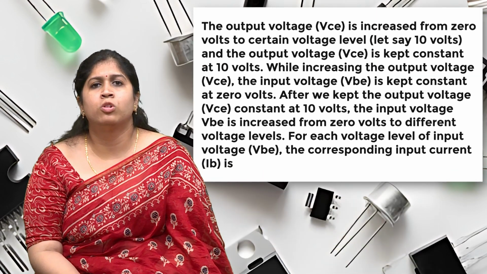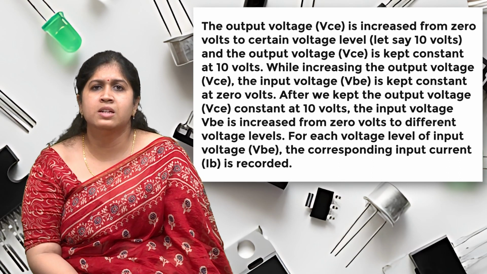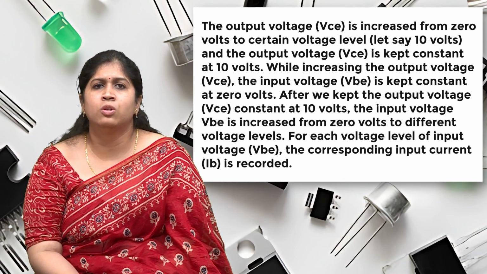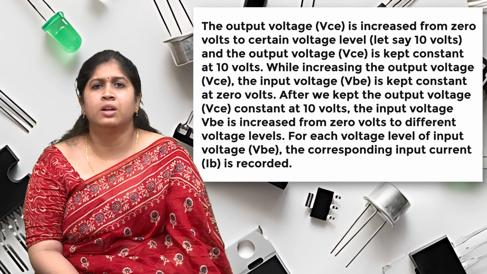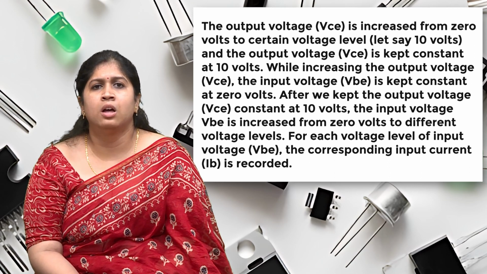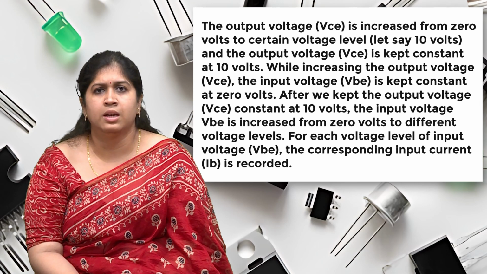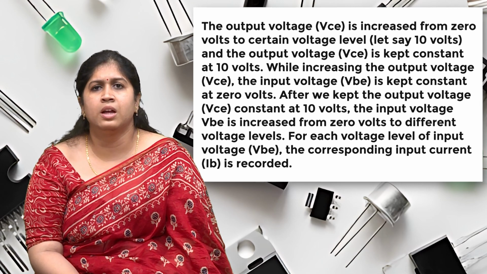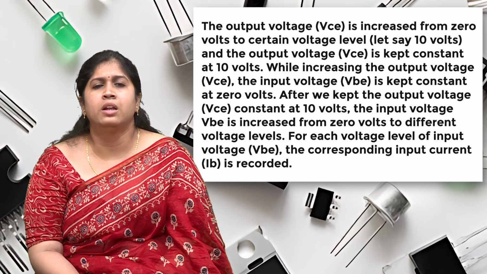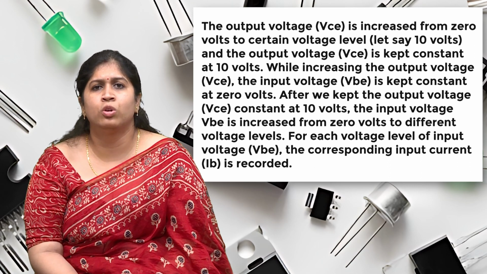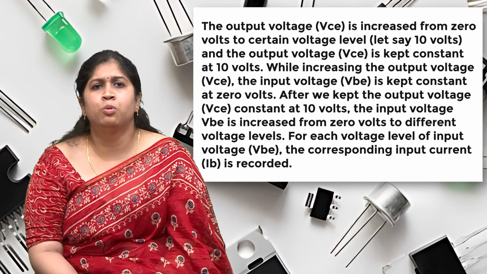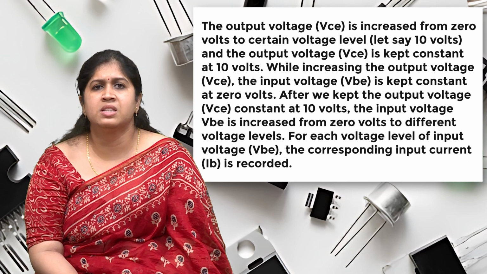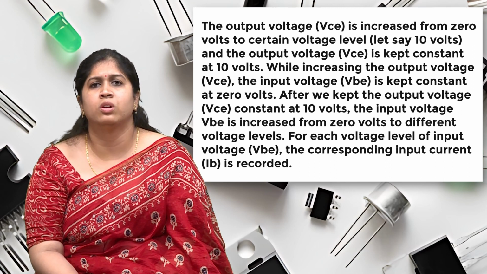The output voltage VCE is then increased from 0 volt to a certain level, let's say 10 volts, and kept constant at 10 volts. While increasing the output voltage VCE, the input voltage VBE is kept constant at 0 volts.